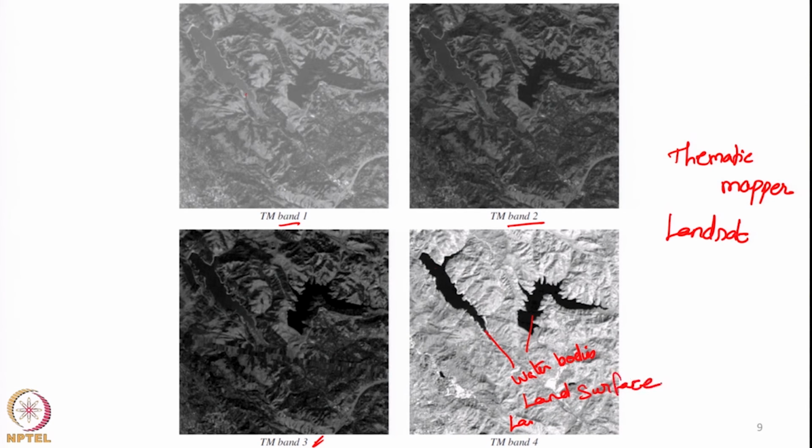So, essentially each band gives us different information about the same object of our interest. Just to summarize what we have learnt in this lecture: we have learnt what remote sensing is, what a remote sensing system comprises of, and then we studied a remote sensing system in analogy with human vision, and then we saw the advantages of remote sensing.